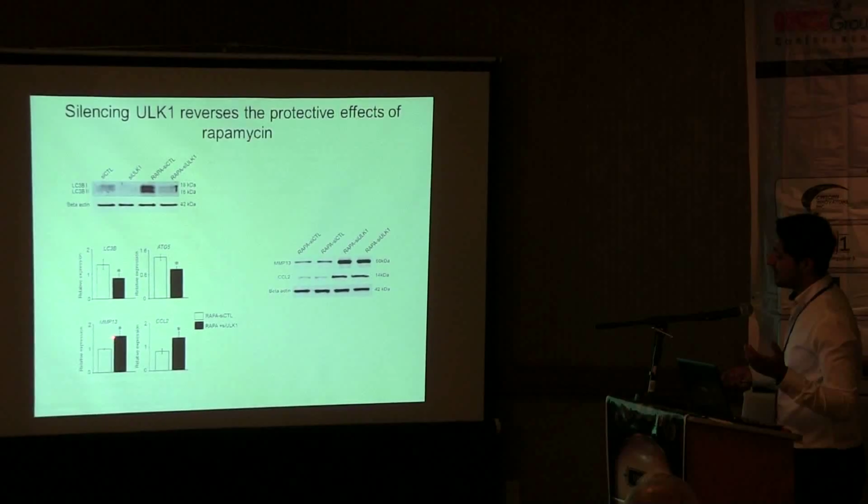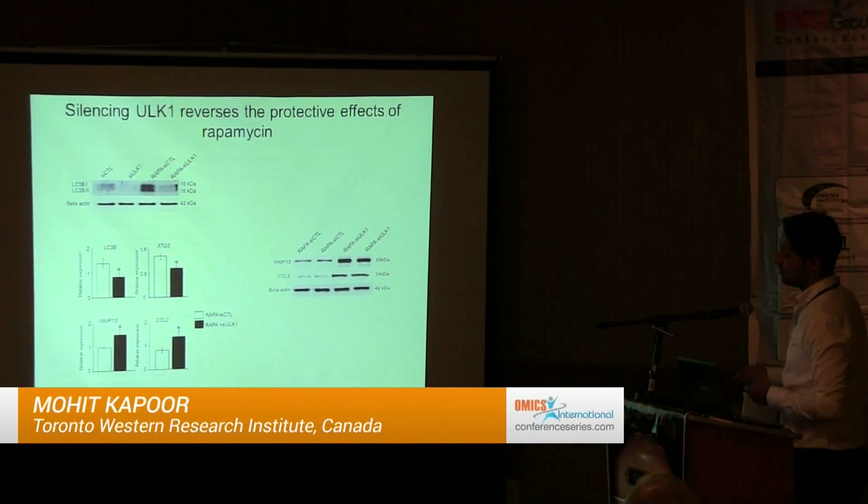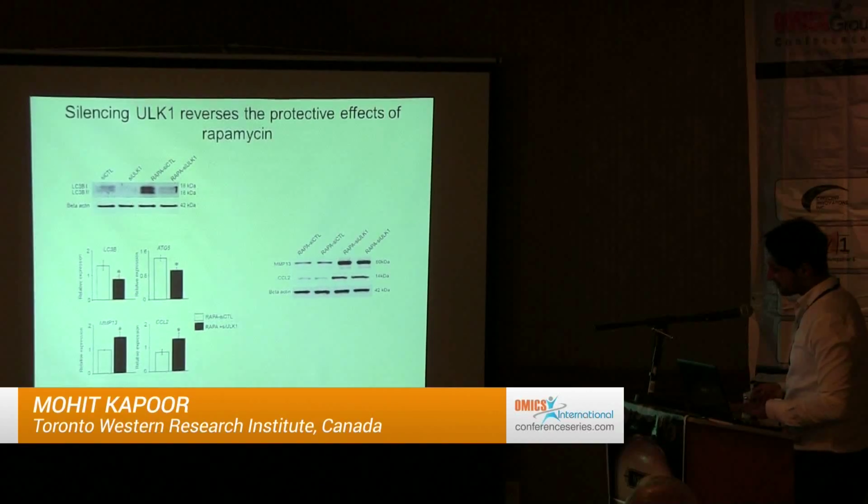And as you can see, by giving rapamycin in the presence of ULK1 siRNA, MMP13 goes up, as well as CCL2, the major catabolic mediators, and LC3B and ATG5 are downregulated.